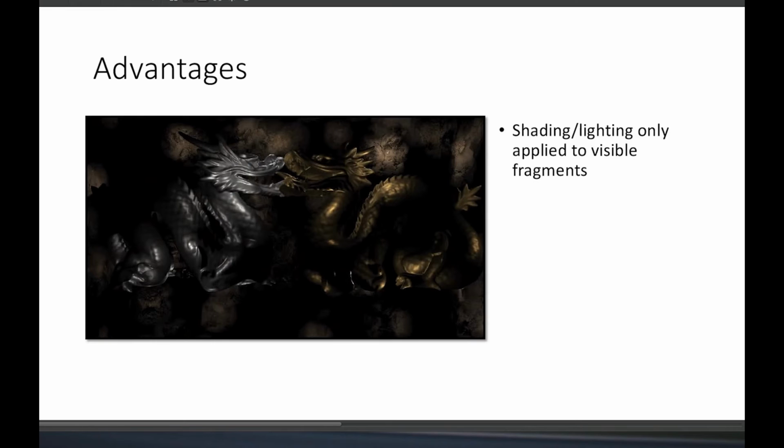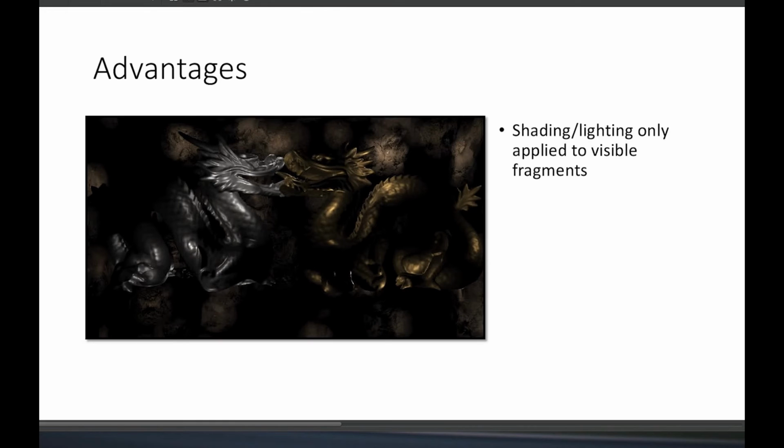Then suppose that in the second draw call, I send the geometry of these two Chinese dragons. As you can see, these two Chinese dragons are nearer the camera than the wall. So they overlap a big portion of the wall. So a big portion of the wall did a lot of unnecessary lighting computation because it is overwritten by the Chinese dragon's lighting computations.